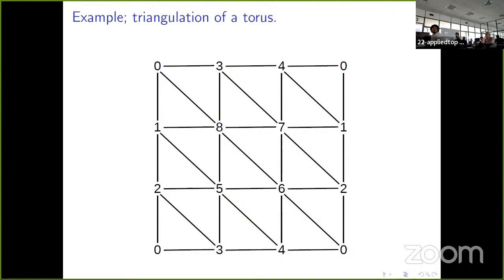That's exactly what the torus is. So look, we have certain vertices, and if you look at the boundary, you have 0, 3, 4, 0, and exactly the same thing over here. So if I move over here, I reappear over there, because those two things are exactly the same. Likewise, if I move over here, I reappear from that side. So that is a torus.